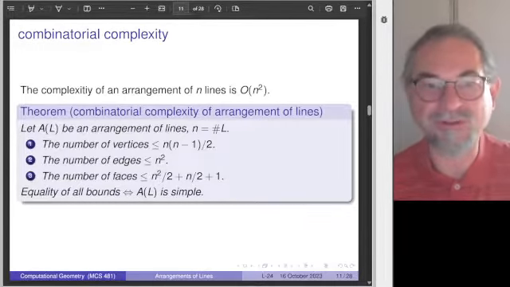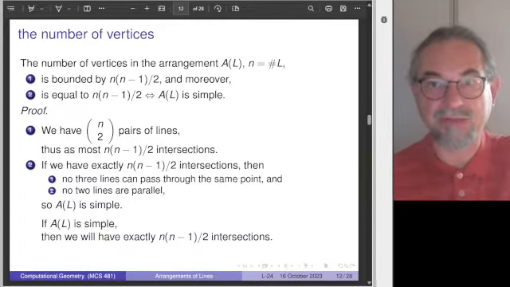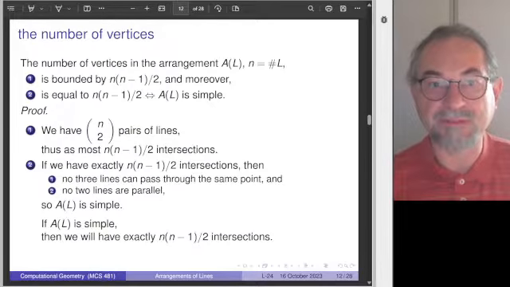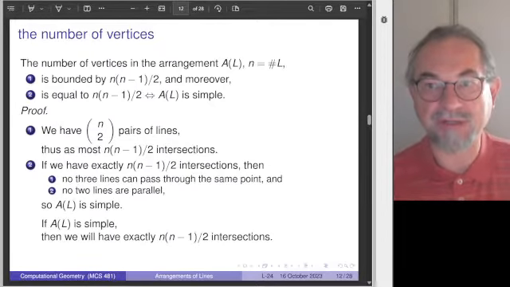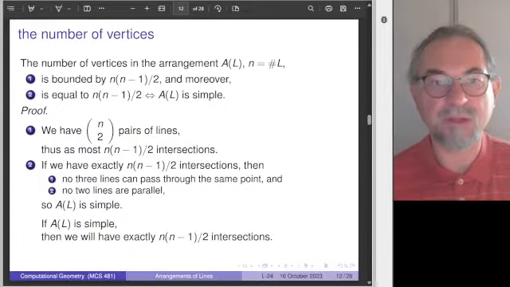Okay, let's prove it. The number of vertices. You could see this proof as 2 statements, but actually we will prove that when the bound is not reached, then we don't have a simple arrangement. Either lines are parallel, or we have a vertex where more than 2 lines intersect.